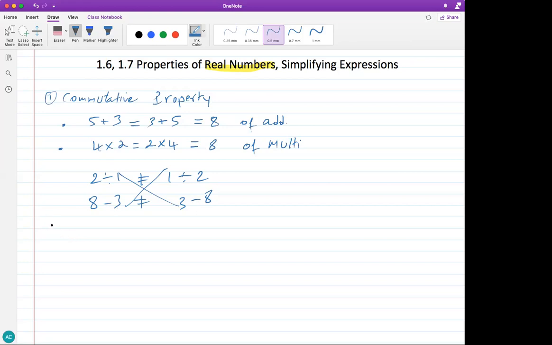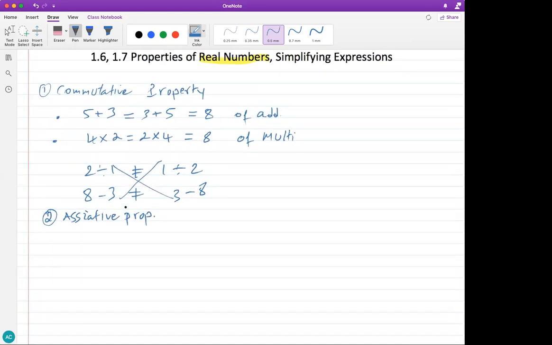So that's the first property. The second one is called the associative property. For this one, we're going to need more than two numbers.